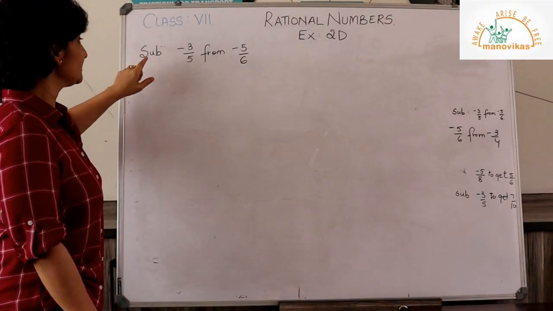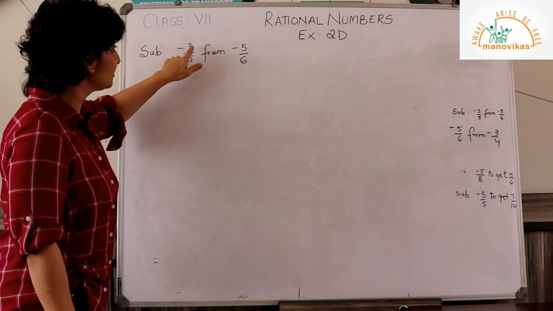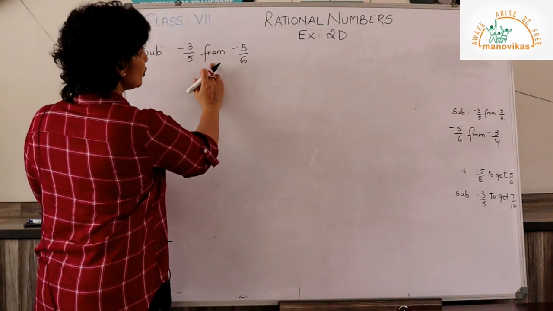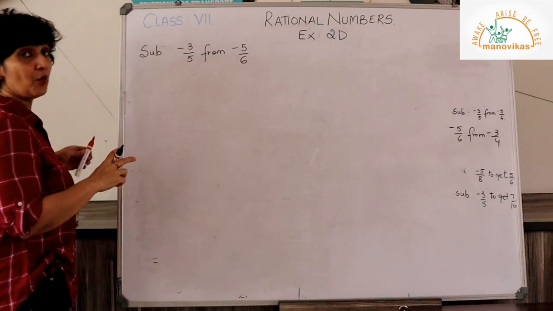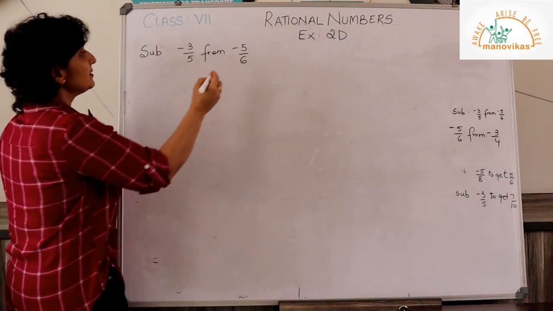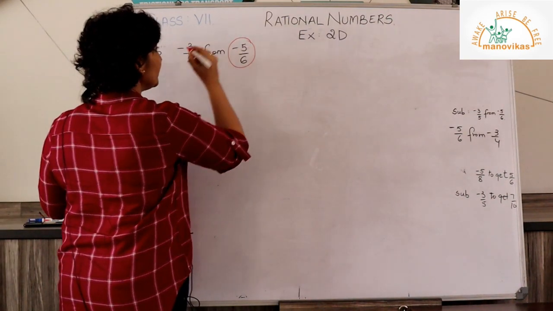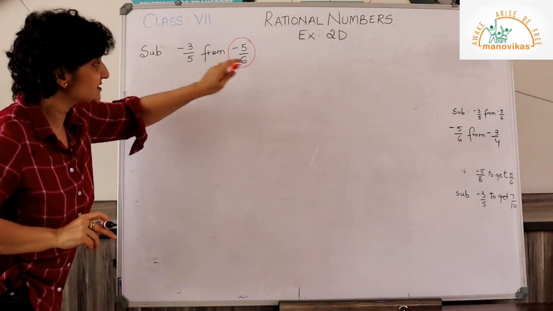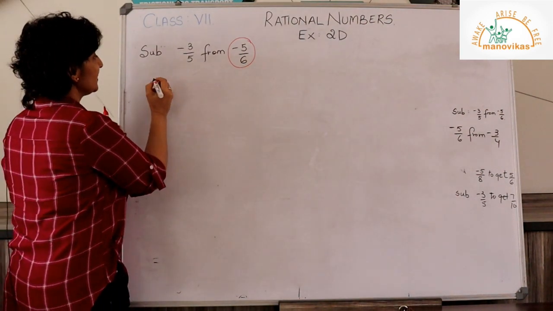My next question is subtract minus 3 upon 5 from minus 5 upon 6. From minus 5 upon 6, so this will be my first number.